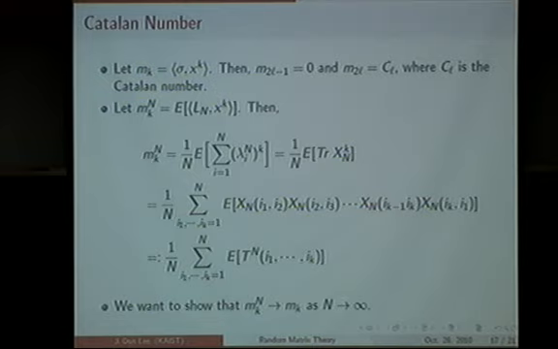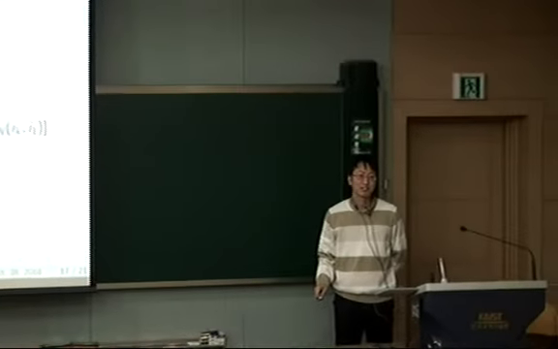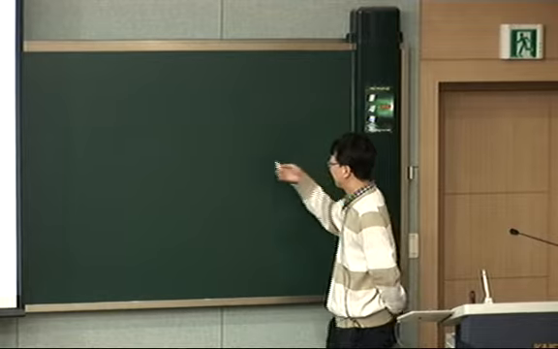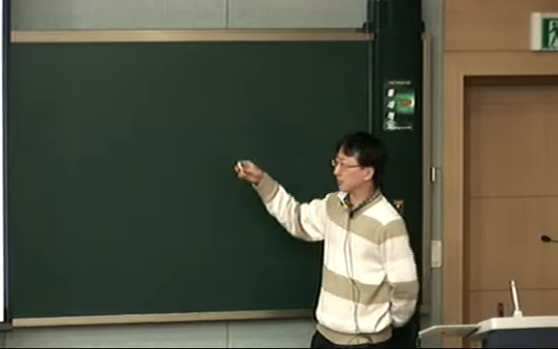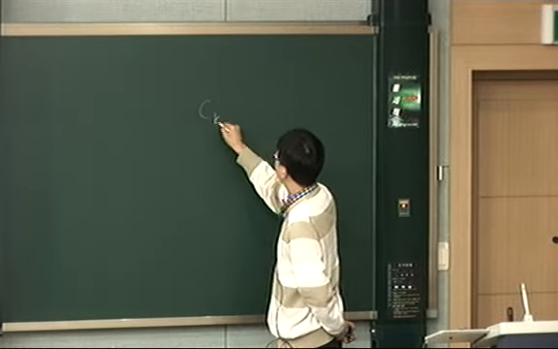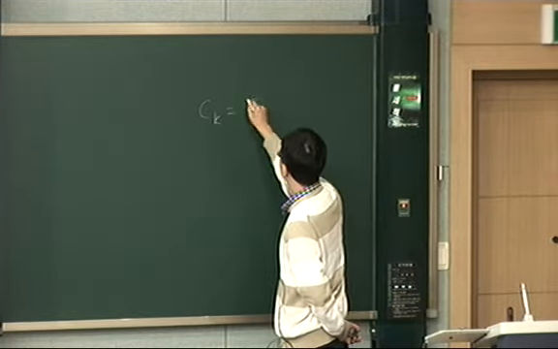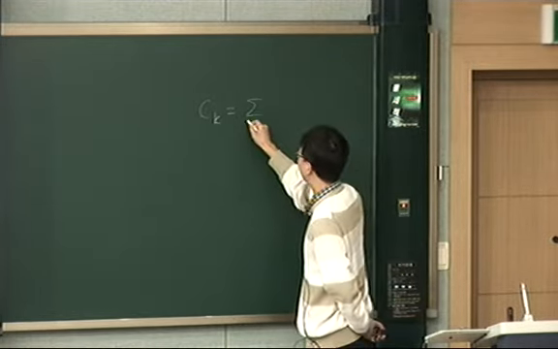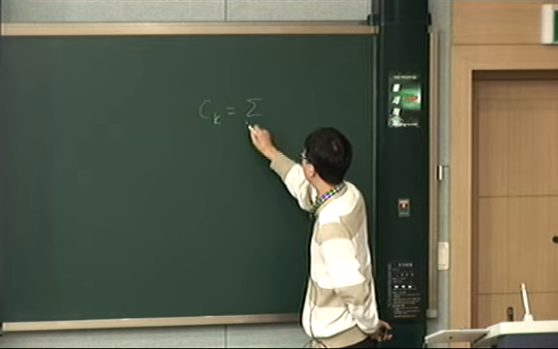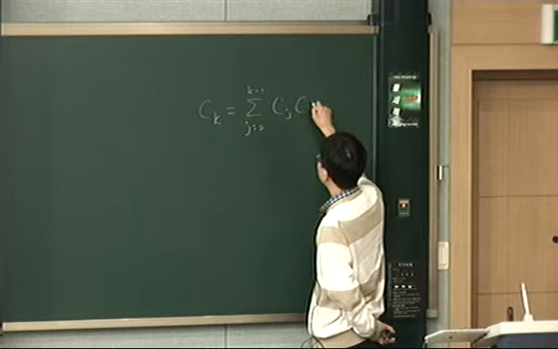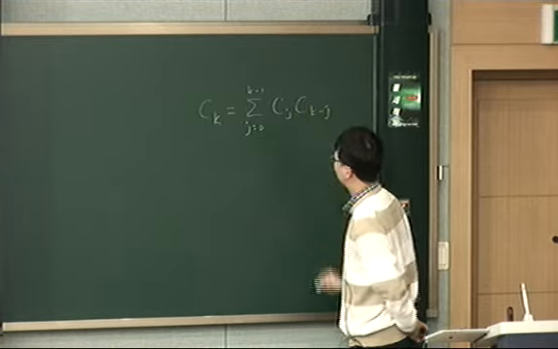There are so many different ones. The Catalan number is defined, well, I know there are so many different ways of defining it, but anyhow, this is the sum from j equals 0 to k minus 1 of c_j times c_(k minus j).